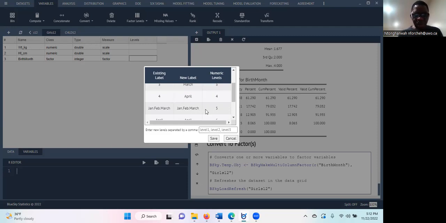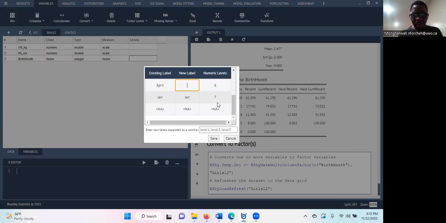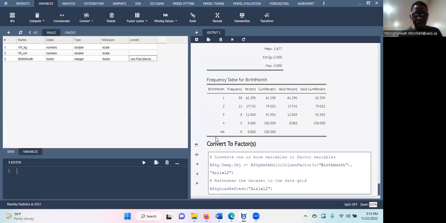This one is delete. So we've just labeled them.